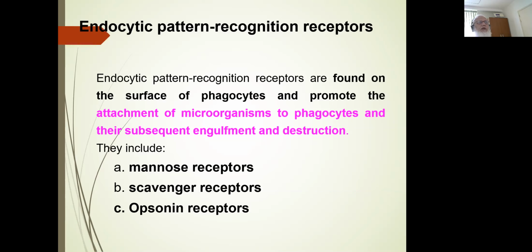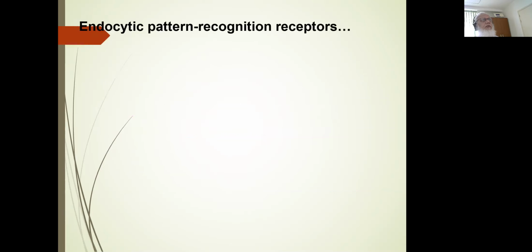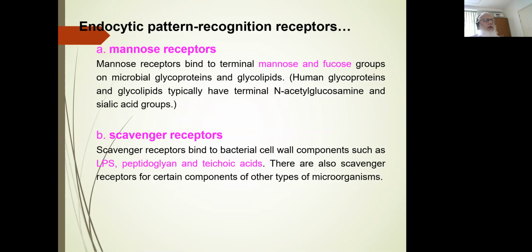Previously it was thought that this happens automatically. Now we know that it is a very organized process. There are mannose receptors, scavenger receptors, and opsonin receptors. Among the endocytic ones, mannose receptors bind to mannose and fucose groups on microbial glycoproteins and glycolipids. Scavenger receptors bind to lipopolysaccharide, peptidoglycan, and teichoic acid, but the result is the same.